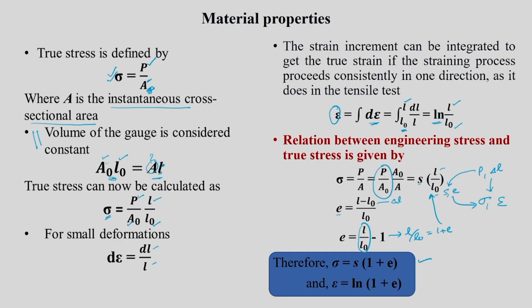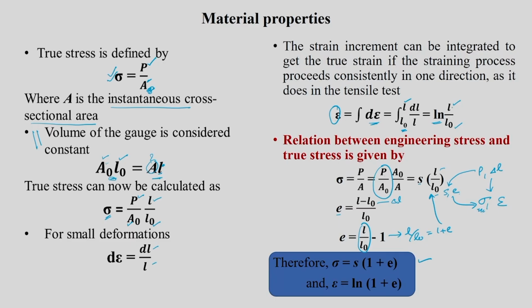So, here you will see that if I do not want to evaluate the sigma versus epsilon graph directly from the load displacement graph, then I can use this route also. First you calculate engineering stress and engineering strain with the usual procedure described before, and using sigma is equal to S into 1 plus E, I can get sigma. Similarly, I can get epsilon also.